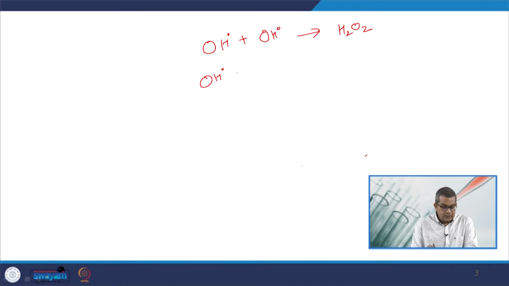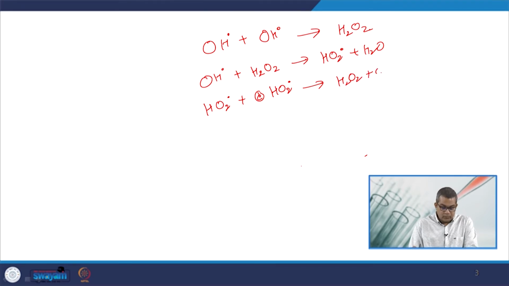Similarly, the OH radical may combine with the hydrogen peroxide generated over here to give you this radical. And similarly, another option is H2O2 plus O2. So these radicals, although they are produced during the course of this combination, are much less effective compared to the previous one.